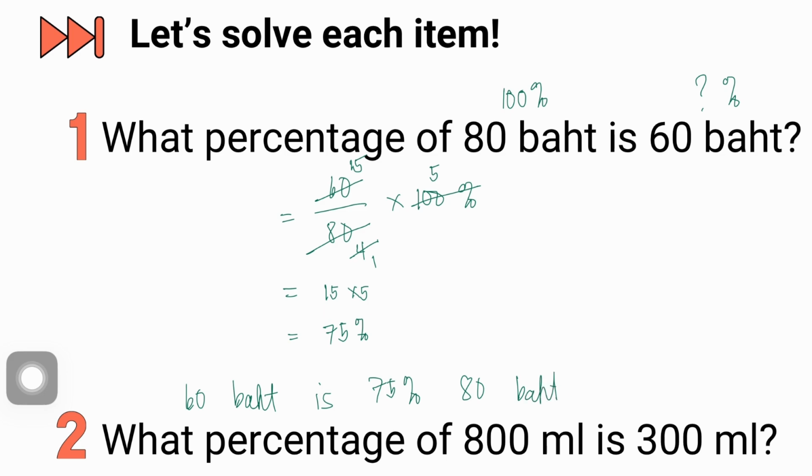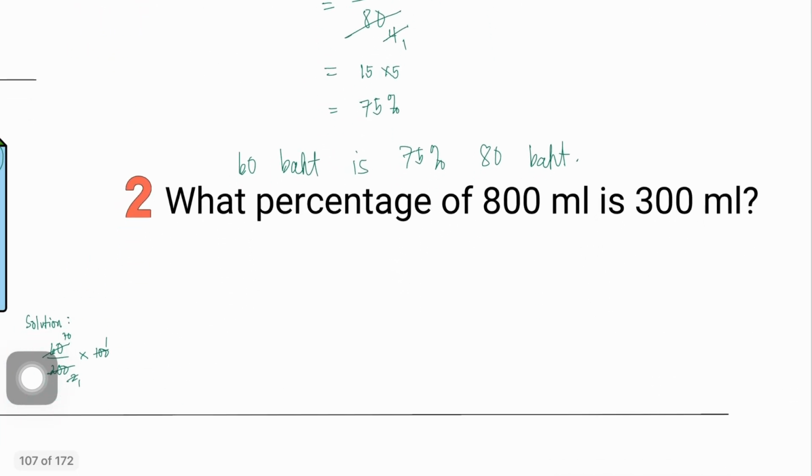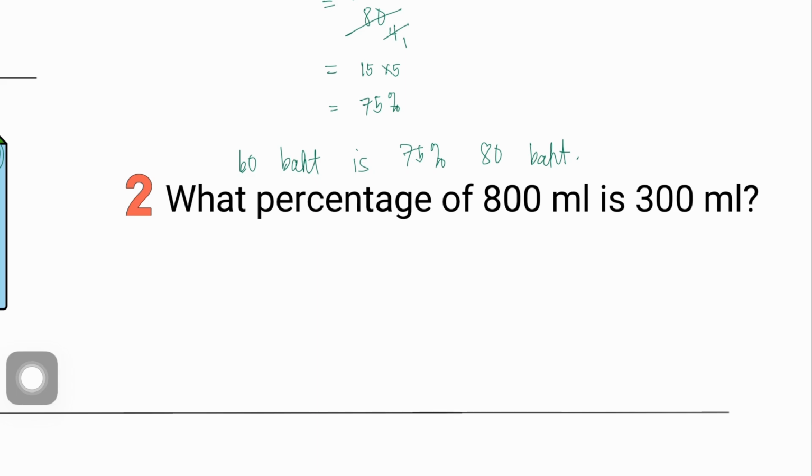The last one. What percentage of 800 milliliters is 300 milliliters? To solve this, we have 300 divided by 800 times 100%. Do the cancellation method. You are left with 8 and 1. 8 and 300 are both divisible by 4. 300 divided by 4 will give you 75, and 8 divided by 4 will give you 2.